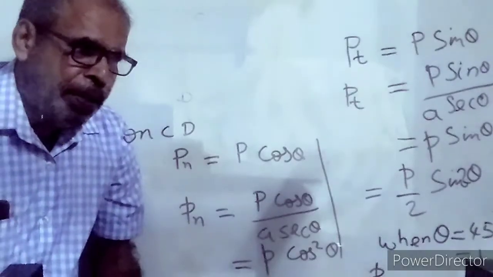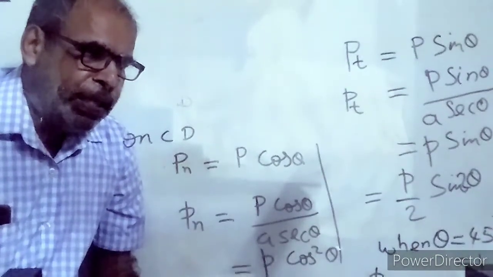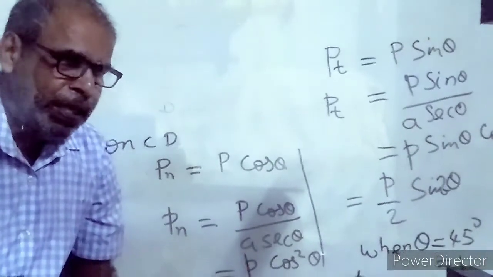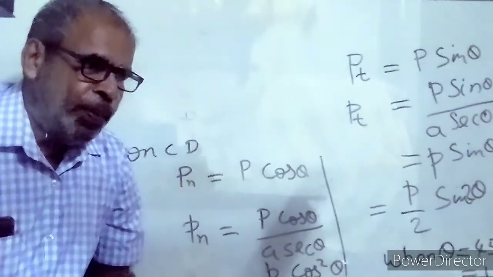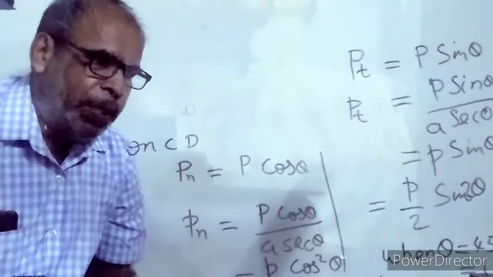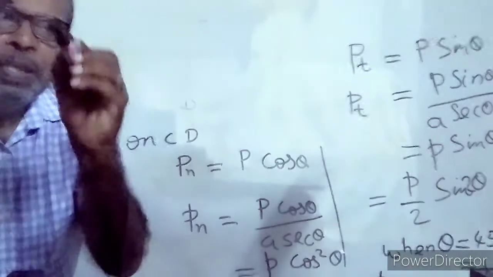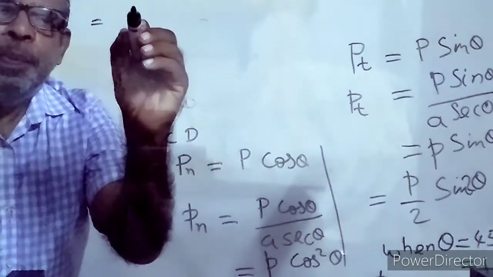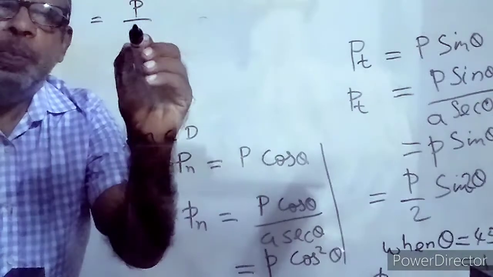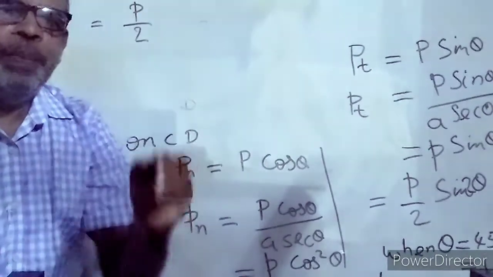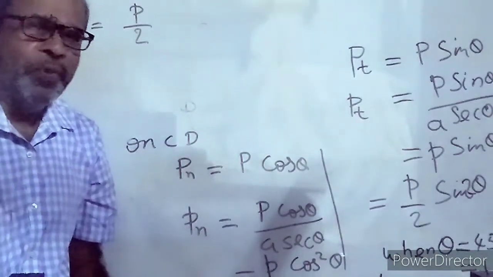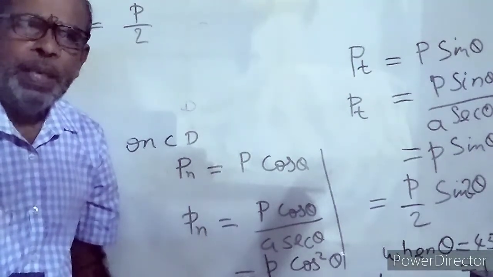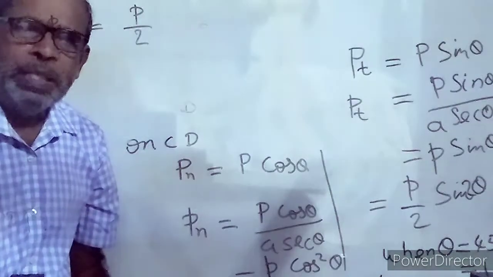Then the tangential stress is equal to P by 2A, which is maximum. So when theta is equal to 45 degree, the tangential stress will be maximum.